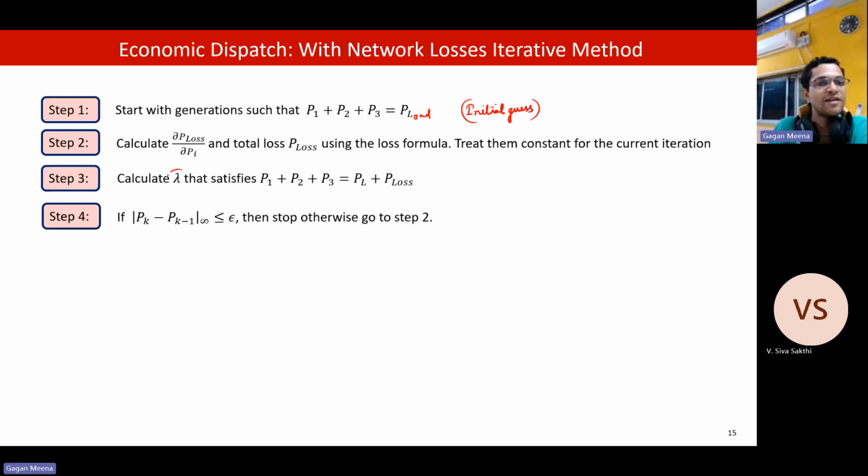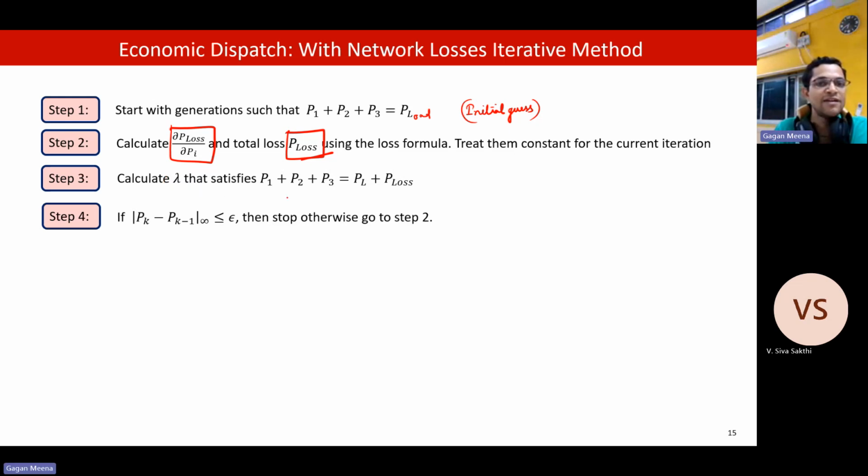Then we can calculate lambda such that, now because we know loss using the loss formula, we know this also, and we know this from the loss formula. Because we know loss, we can find out lambda using this, which satisfies this equation using the coordination equations.